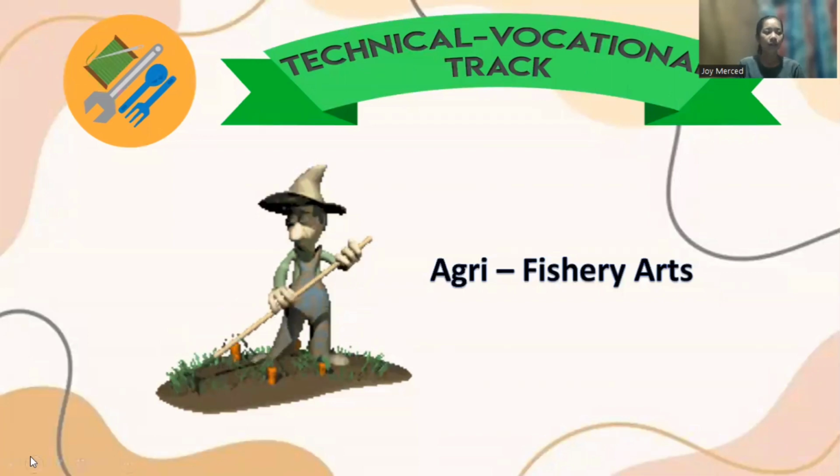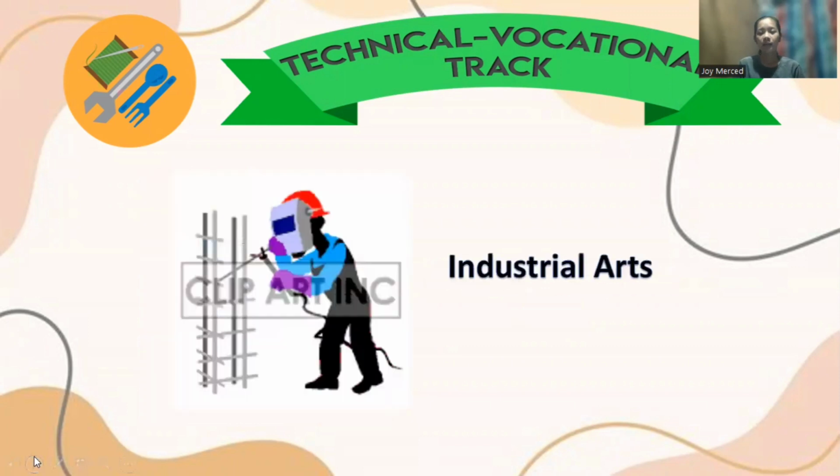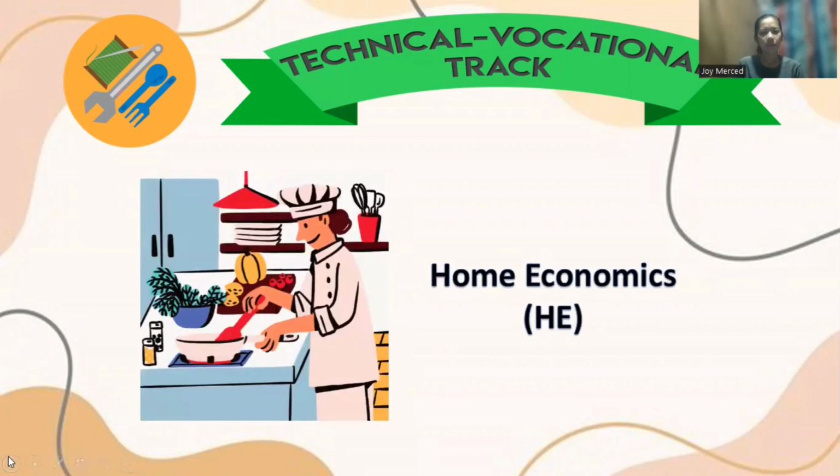The strand for the TVL track is the home economics strand. This TVL component consists of specializations equivalent to qualifications under garments, tourism, health, processed food and beverages, and social and other community development service sectors.